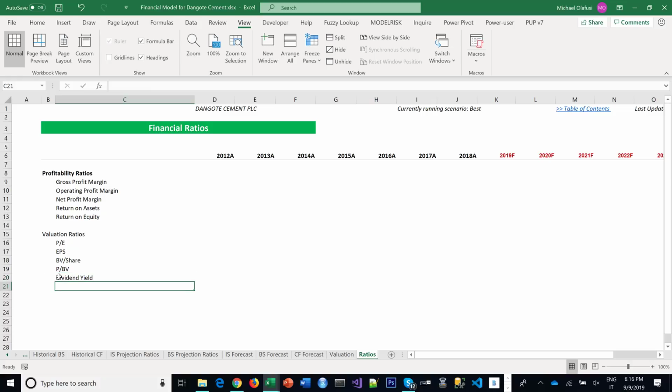So to compute these ones, we probably need to get the current price that Dangote's shares is being sold at.